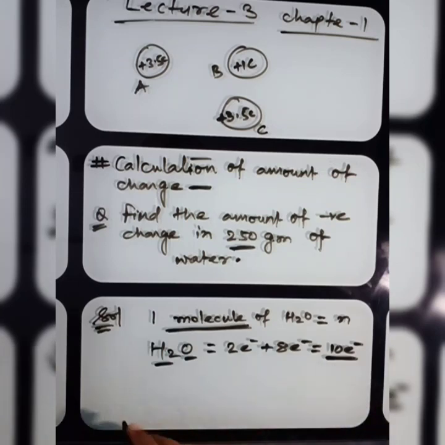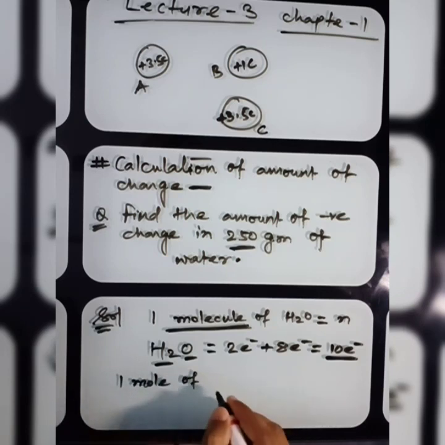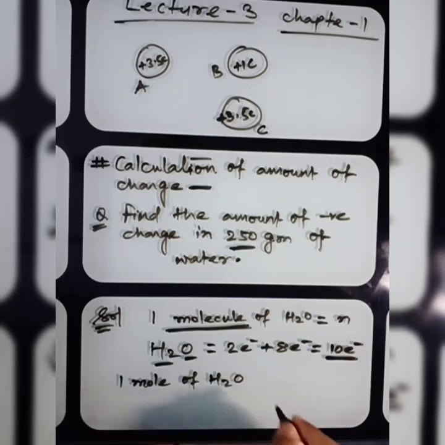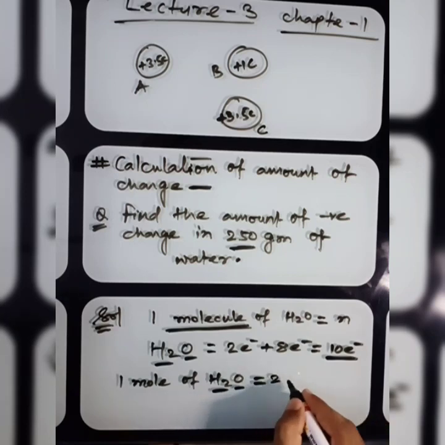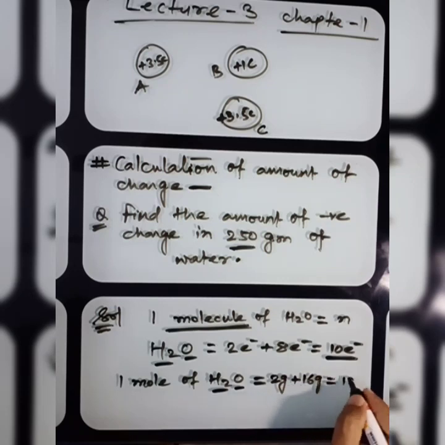So 1 mole of H2O contains how many grams? 2 grams of hydrogen and 16 grams of oxygen, so it is 2 gram plus 16 gram, 18 gram of water, 1 mole.